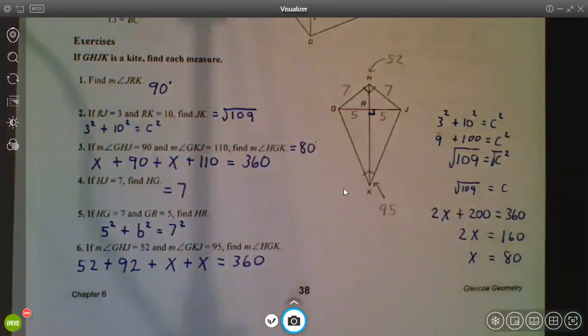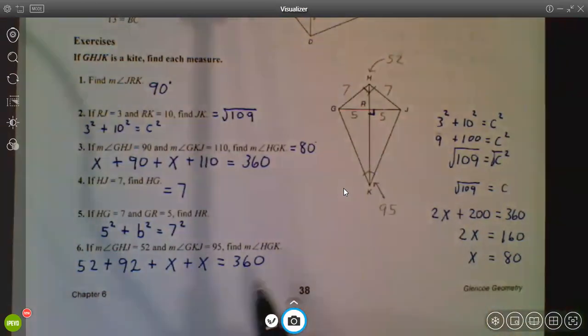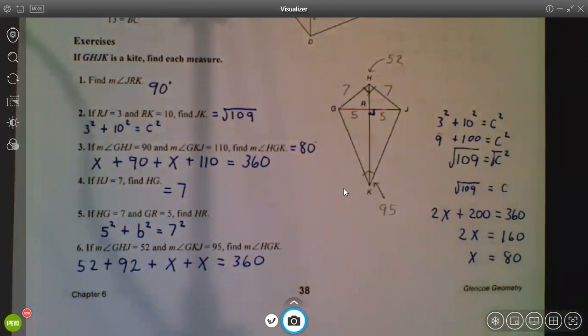All right, so this is what our setup should look something like this. And again, I know you could solve that through because we just did one like that for number 3. I just wanted to remind you of how you would set that up before you went through to solve it.